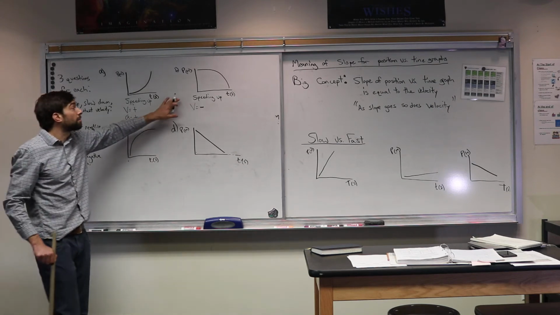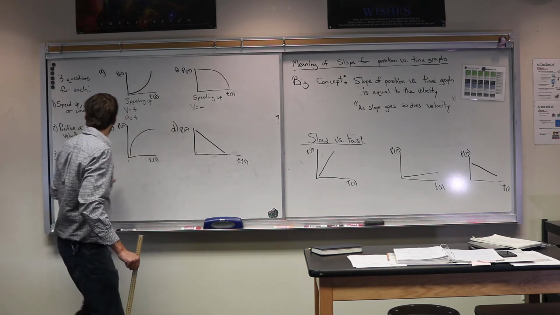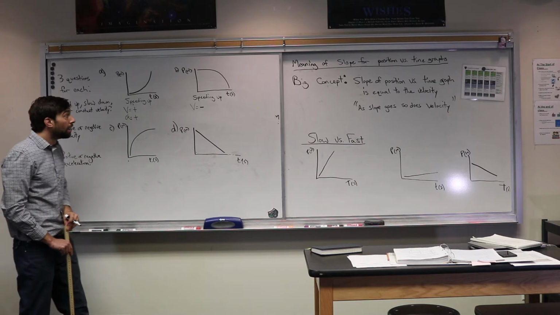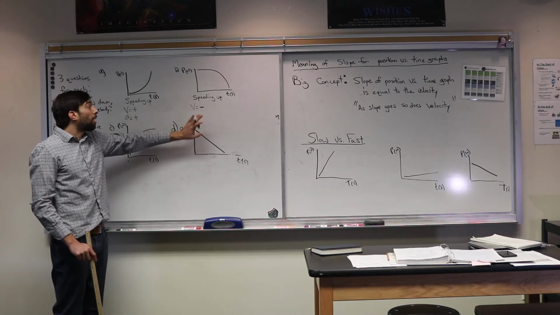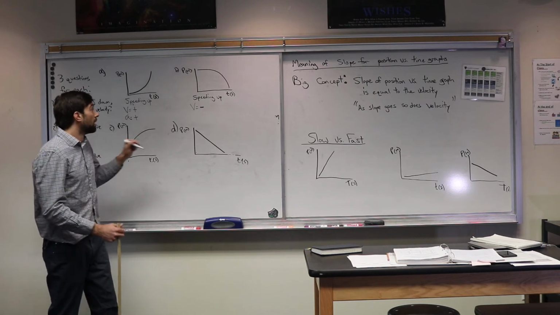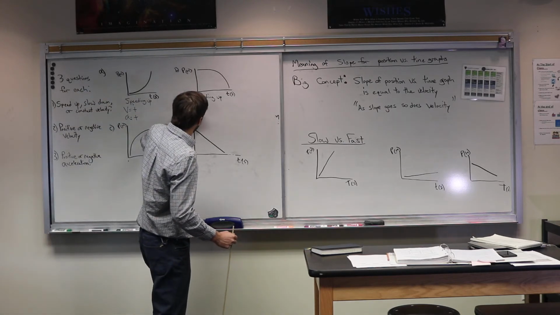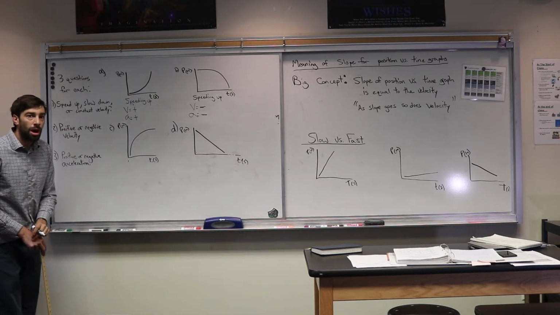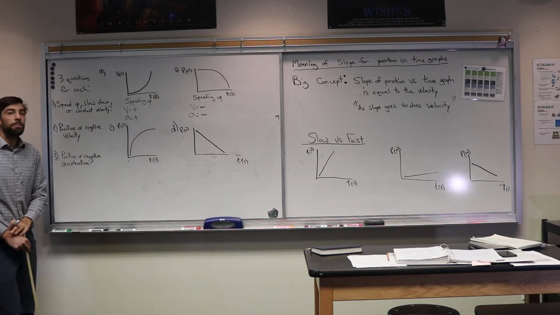And because we're speeding up, we can ask, do we have positive or negative acceleration? Well, when we're speeding up, our velocity and acceleration need to point in the same direction. So acceleration will equal a negative value as well. Awesome. Moving on to C.